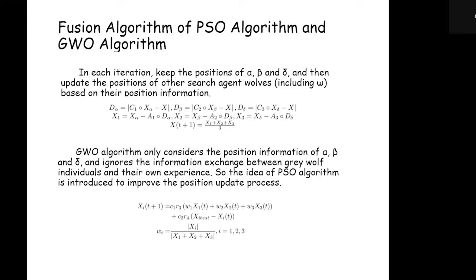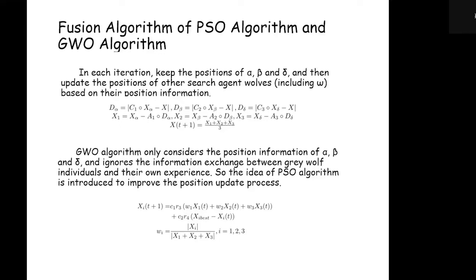Our improved GW algorithm is shown in the following formula. The GW algorithm only considers the position information of alpha, beta, and delta, and ignores the information exchange between wolf individuals and their own experience.